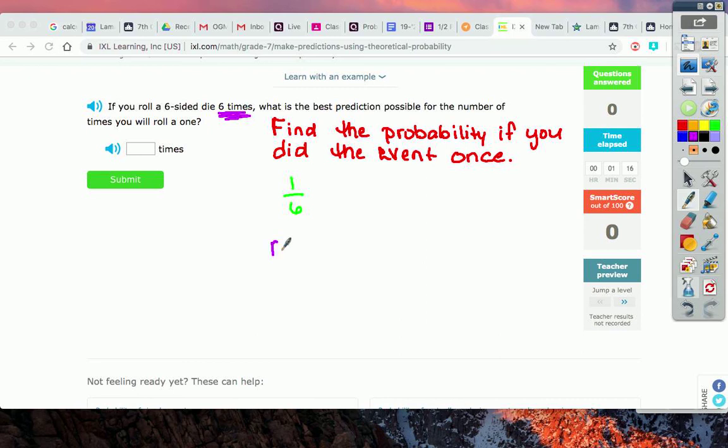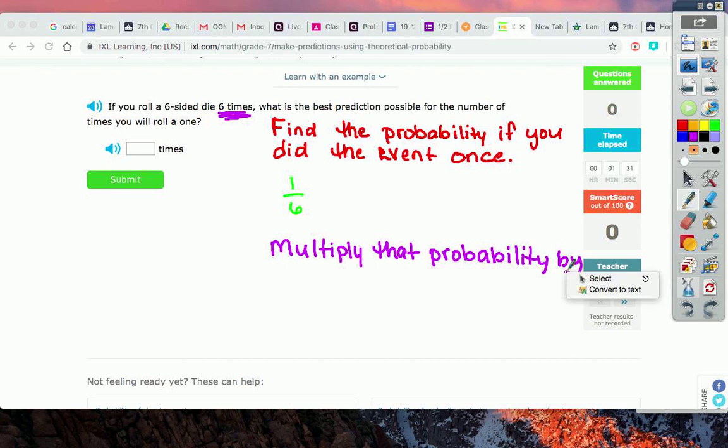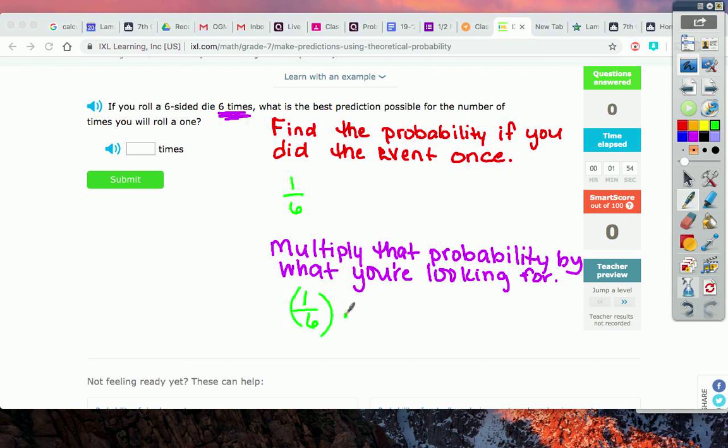So you're going to multiply that probability by what you're looking for. So we're looking for if you were to do it 6 times. So we're going to say 1 over 6 times 6. Looks familiar, huh?